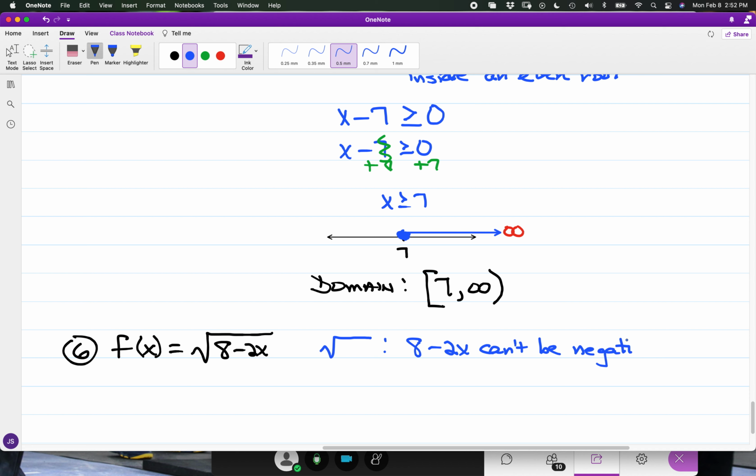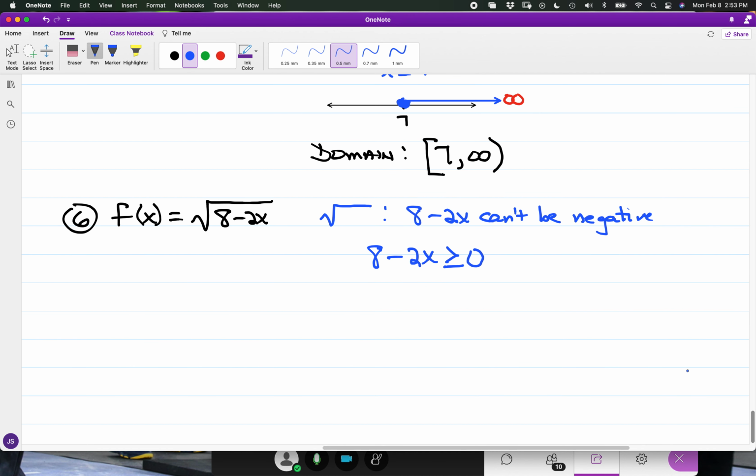So 8 minus 2x cannot be negative. Just for the setup and finding out what values of x will keep f of x as a real function, 8 minus 2x can be 0 and it can be positive.